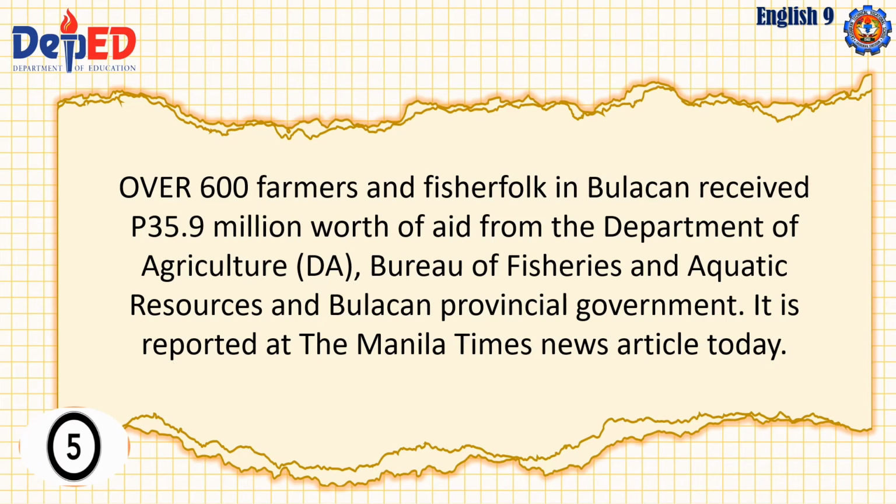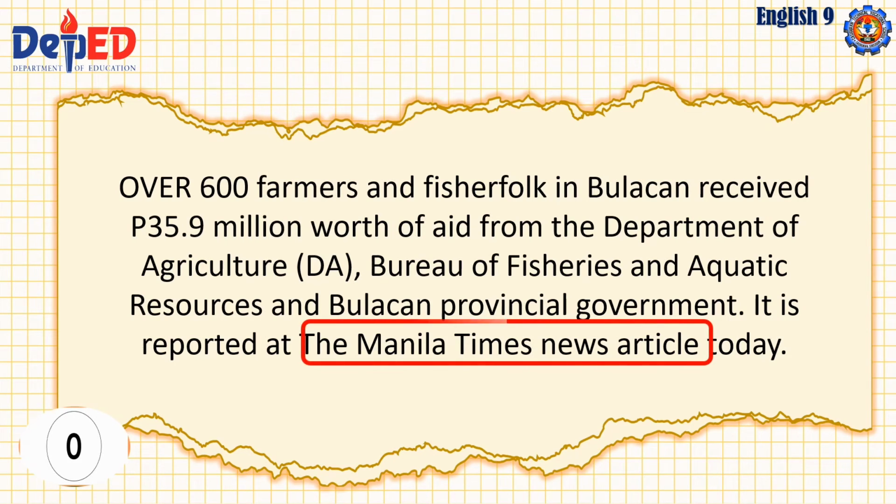Over 600 farmers and fisherfolk in Bulacan received 35.9 million worth of aid from the Department of Agriculture, or DA, Bureau of Fisheries and Aquatic Resources, and Bulacan Provincial Government. It is reported in the Manila Times news article today. Good job, students!